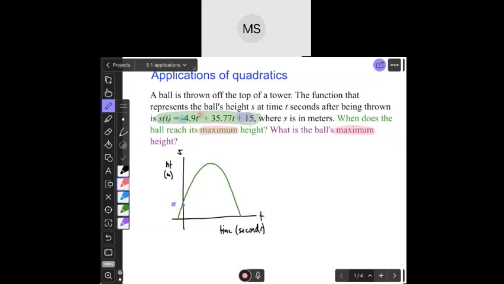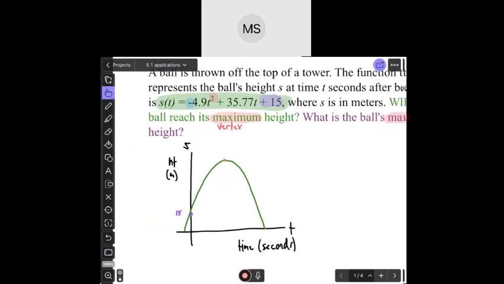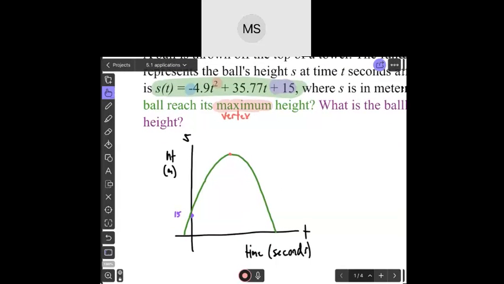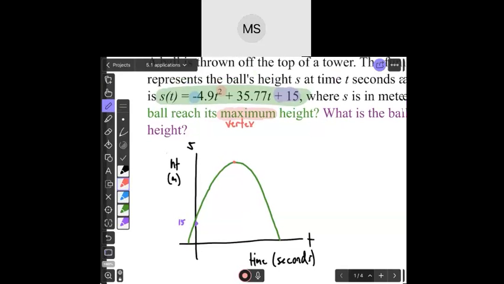What's our vocabulary there? Yeah, right, Ruth, it's the vertex. Anytime we see the word maximum or minimum for a quadratic, it's talking about the vertex. The vertex is a point made up of 2 coordinates, so within that vertex we have an x value and a y value.